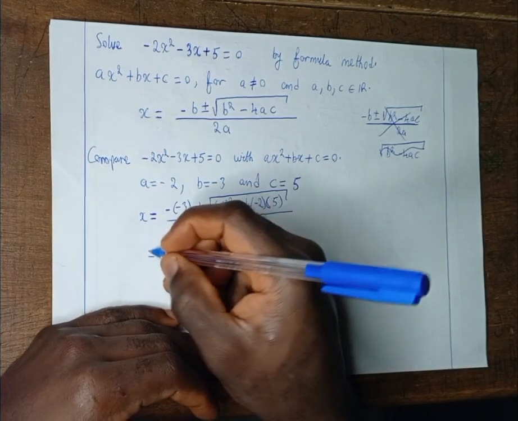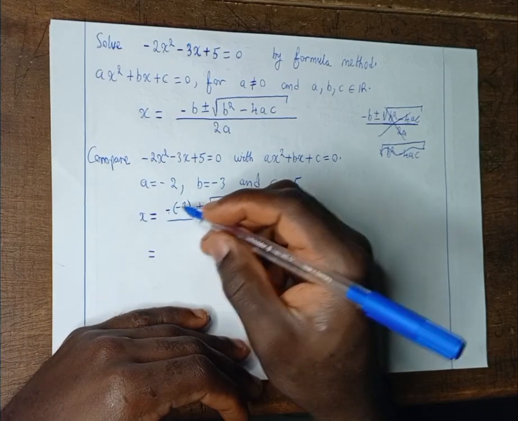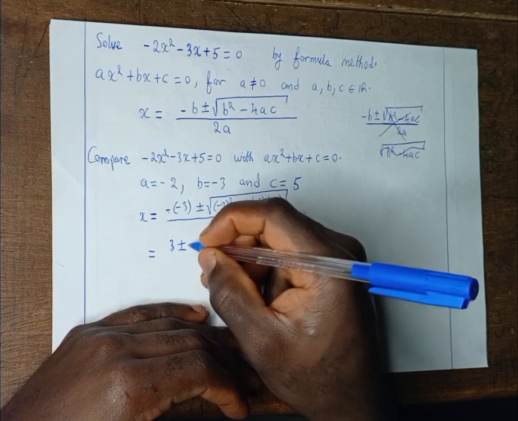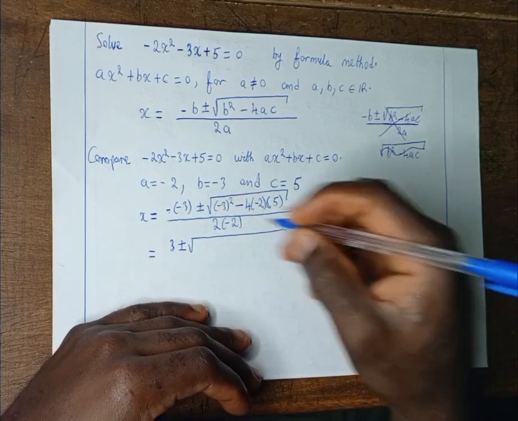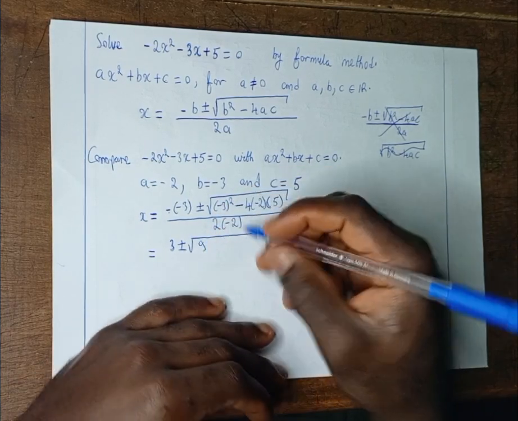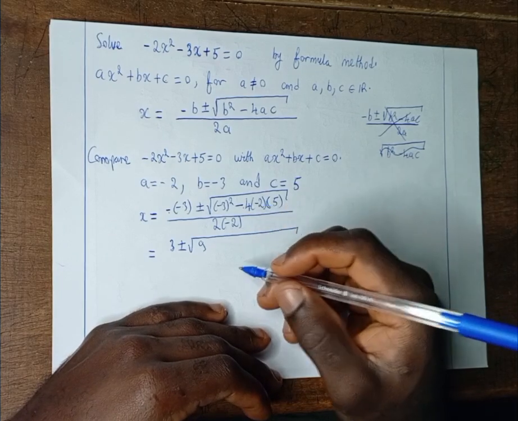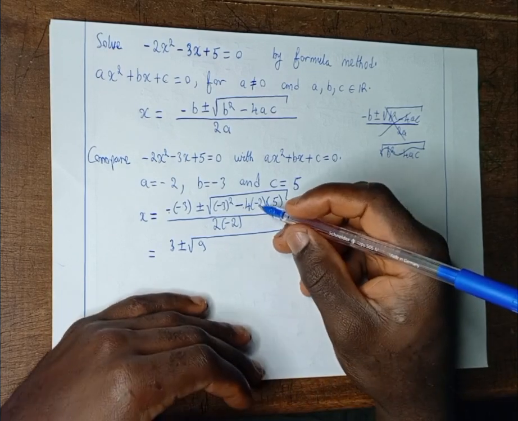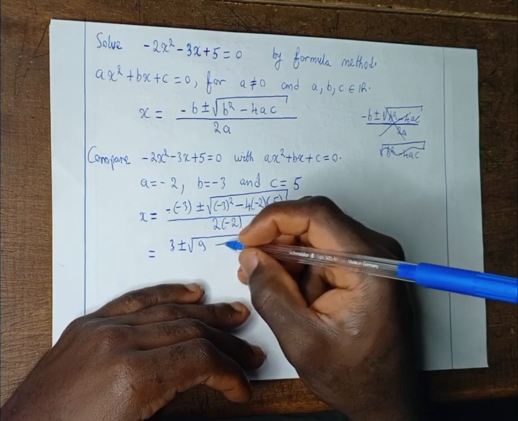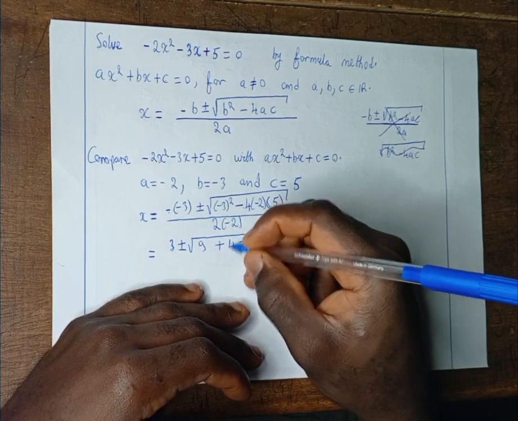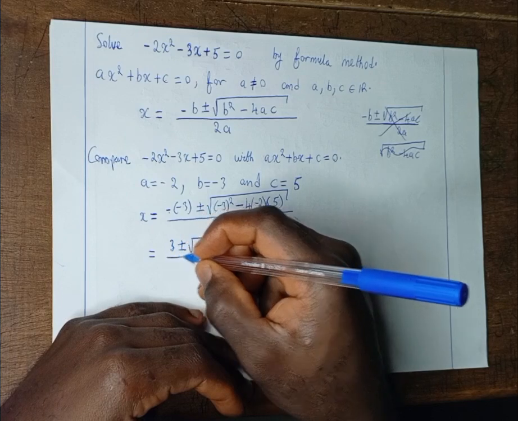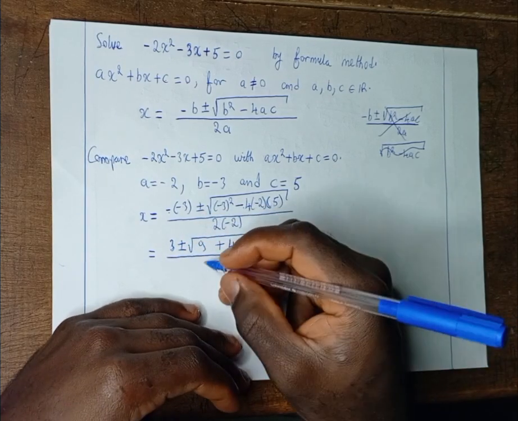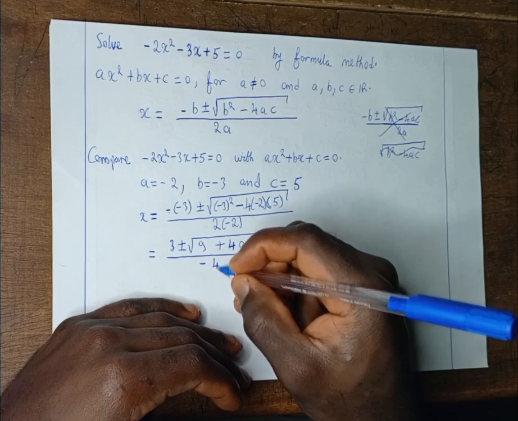So this will give us, negative becomes positive. This will give us 3 plus or minus the square root of negative 3 squared is simply 9. If we take negative 4 times 2, it gives us 8. 8 times 5 gives us 40. So plus 40. Then we divide by 2 times negative 2, which is simply negative 4.